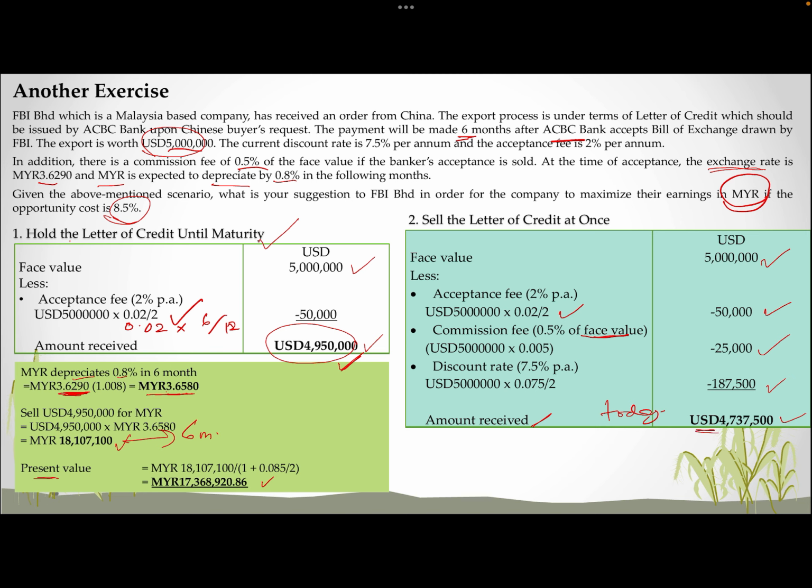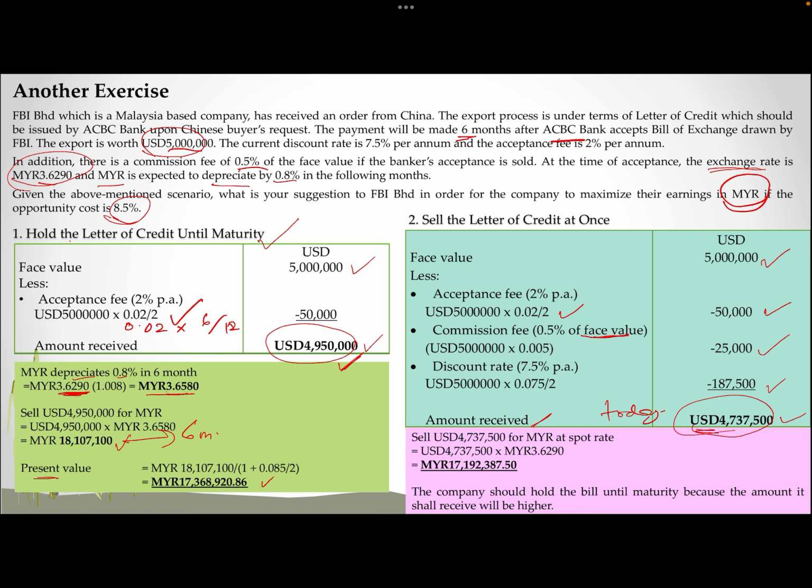So you have to convert this currency into Malaysian ringgit. This is today, so we just take the spot rate. Okay. So sell at spot rate, you will get 17,192,387.50. So the company should hold the bill until maturity.